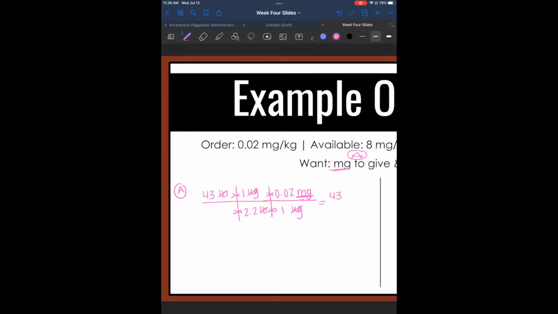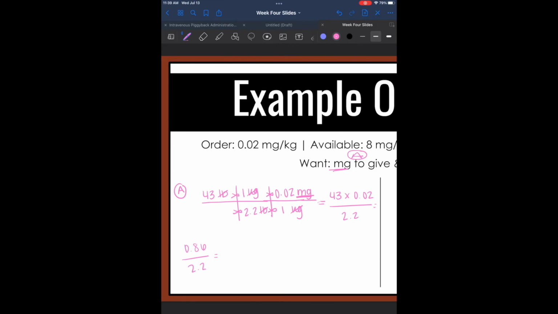So 43 times 0.02 divided by 2.2. So we're going to get 0.86 divided by 2.2 is going to give us 0.39090909, and so on.